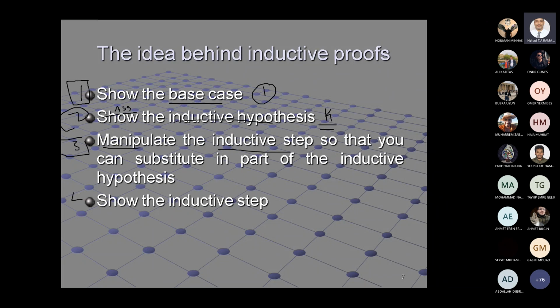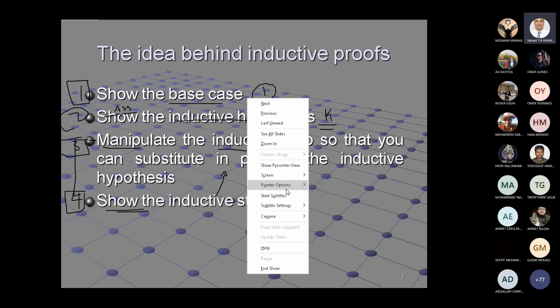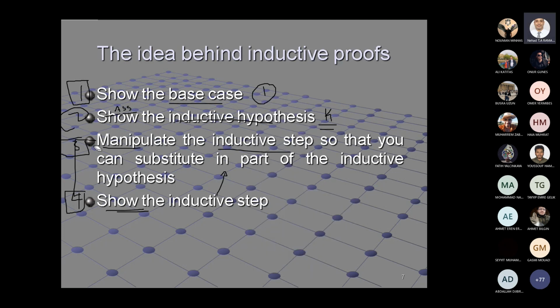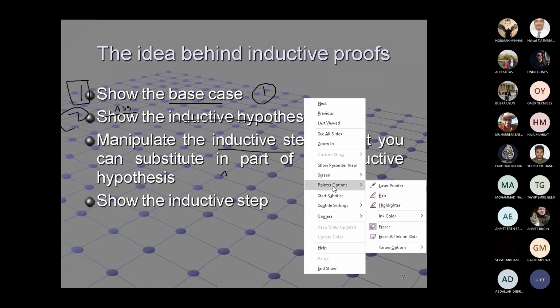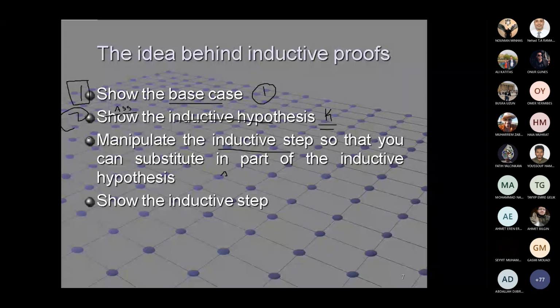So the fourth step, we use this inductive step, or we show this inductive step. So these two are actually the same step. You can consider it as the third step. We write the inductive step and we prove it.